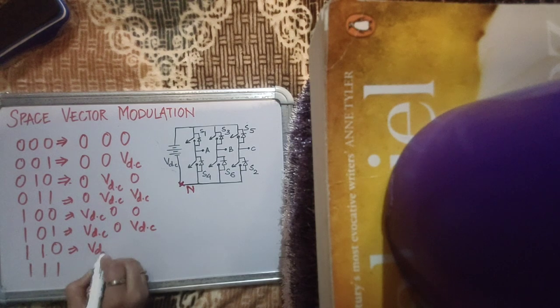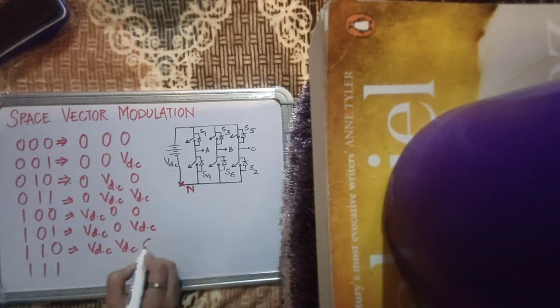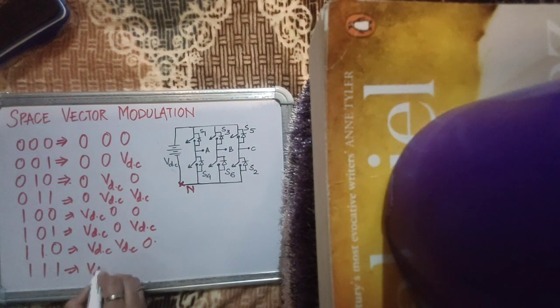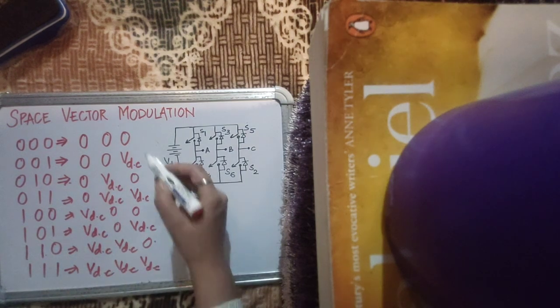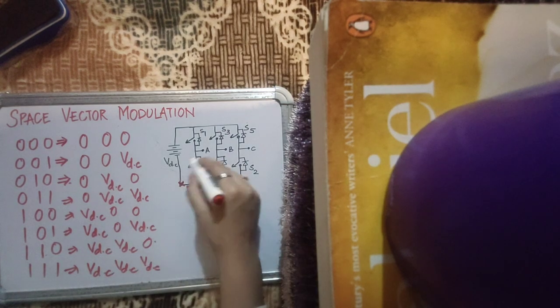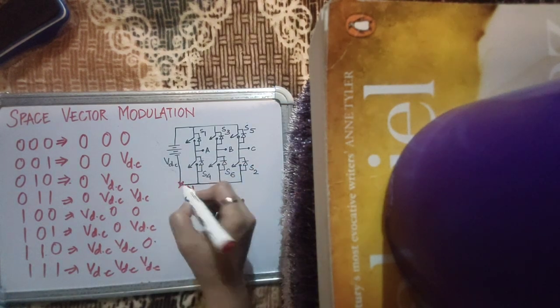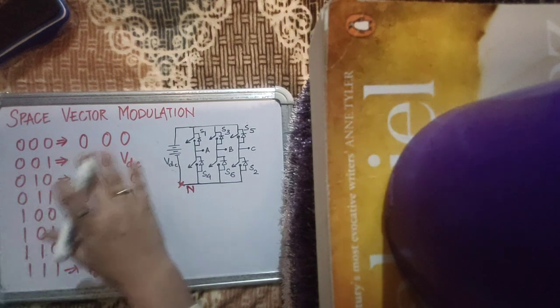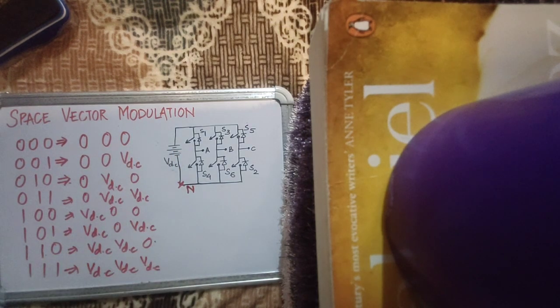Then VDC, VDC and 0. And finally VDC, VDC and VDC. So these are all switching states of the converter, and the resulting, you can call them pole voltages if you want to name this point as a pole, the resulting pole voltages of the converter. This is the only thing that you can extract from the converter.